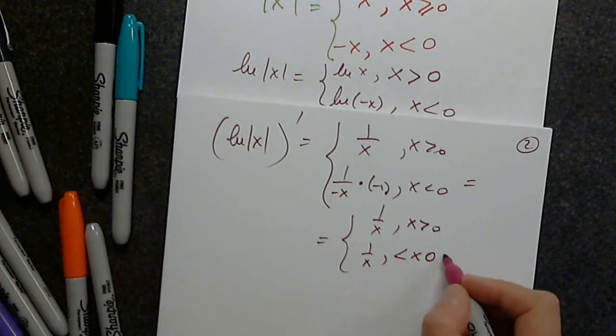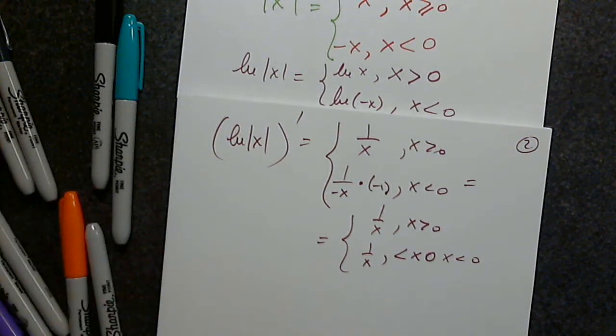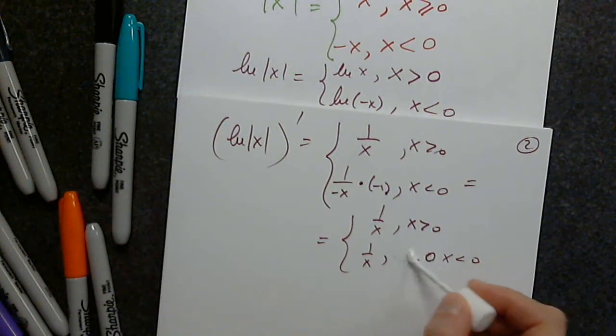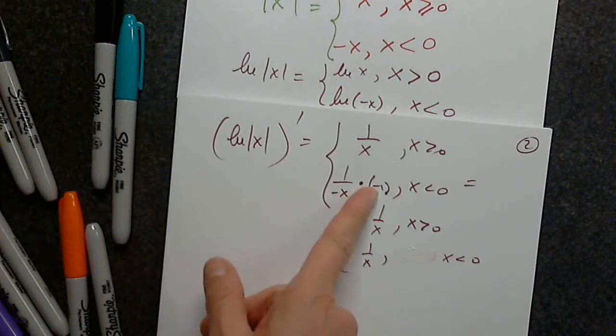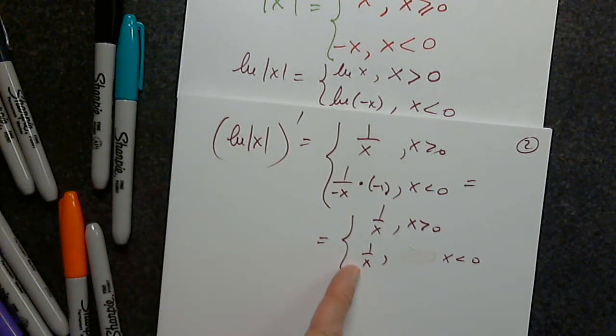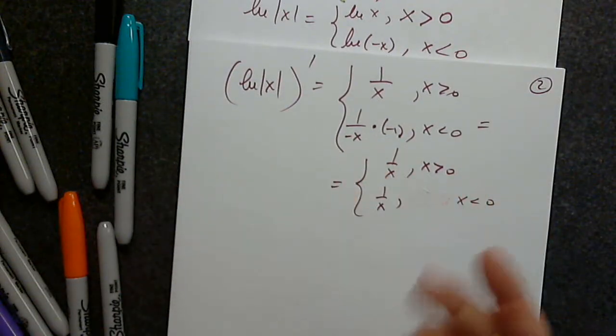Oops, sorry, I didn't mean to write that. I was looking at you when I was writing. Well, that's not good. No excuses. Right? Negative 1 over negative x times negative 1 is 1 over x. Would you agree?